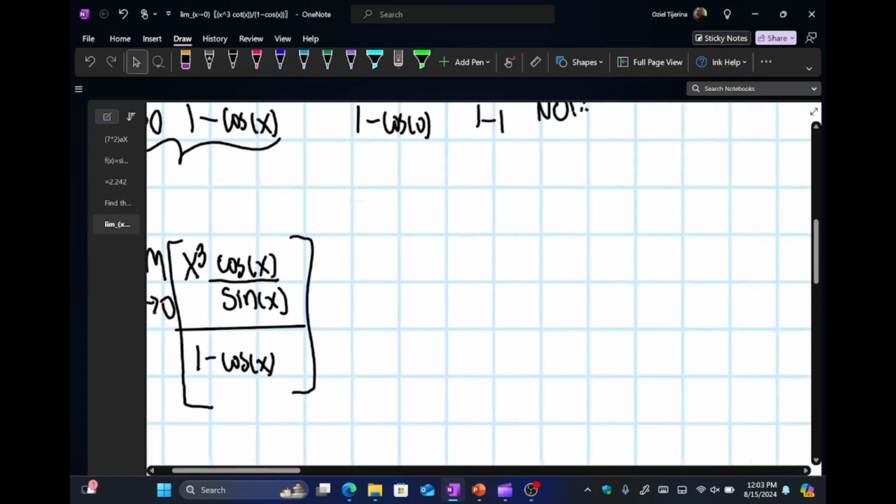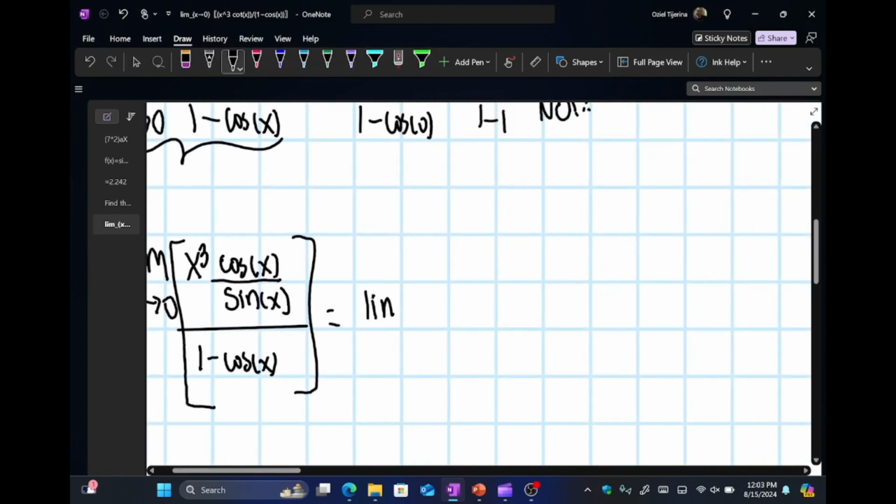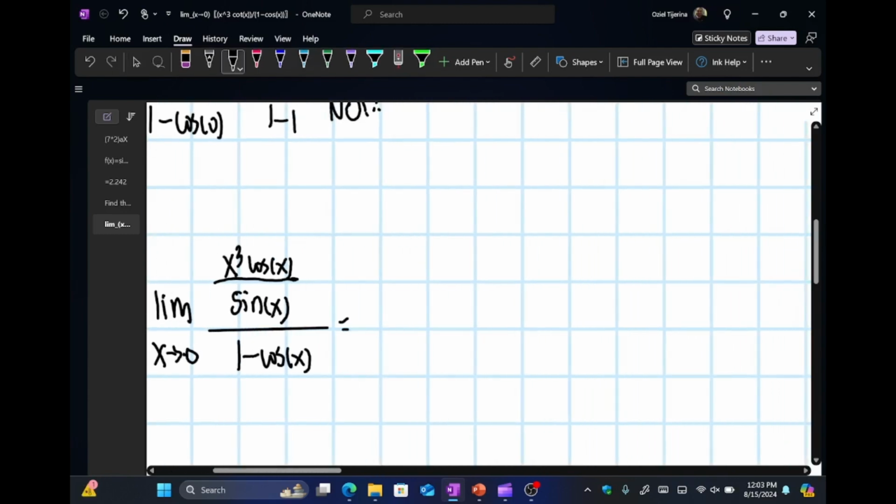We just have to algebraically simplify this. So it's the limit of x cubed cosine x over sine x, over 1 minus cosine x, which is the limit as x approaches 0 of x cubed cosine x over sine x, and then times 1 over 1 minus cosine x.